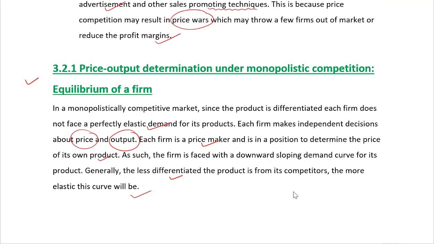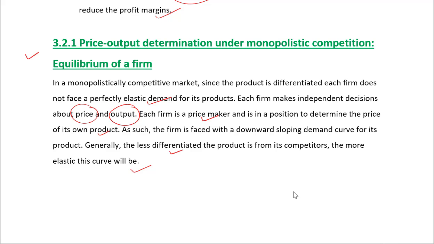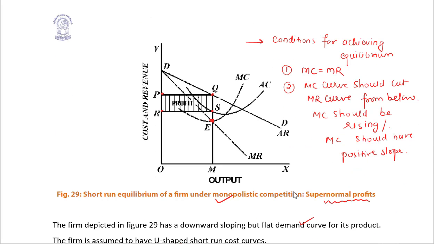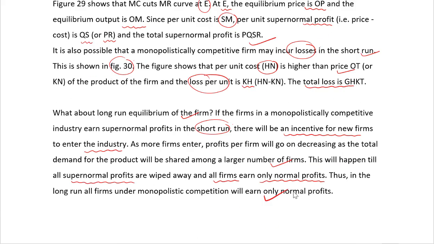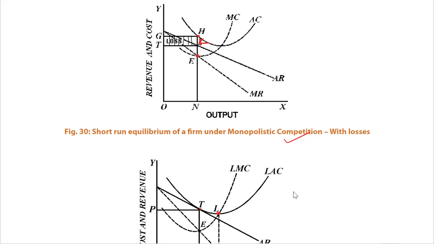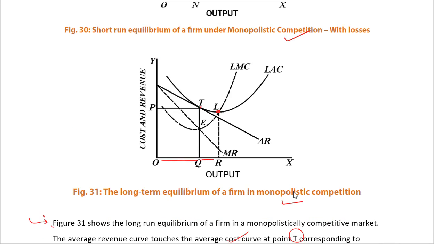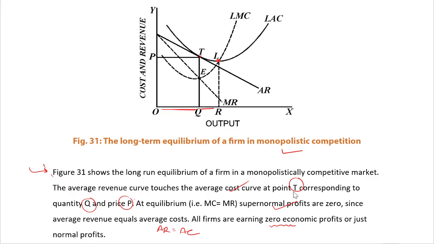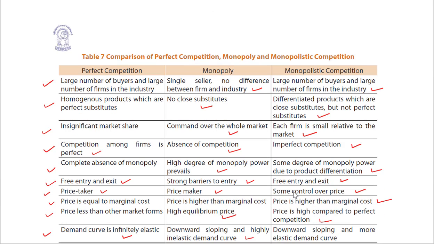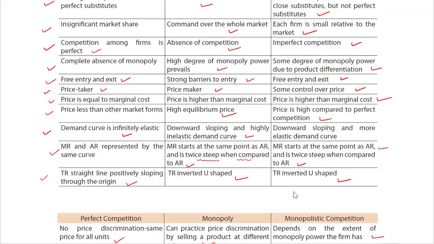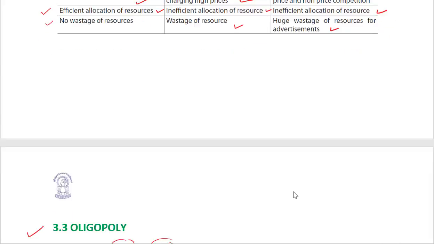Then we saw the price output determination under monopolistic competition, that is, how equilibrium of a firm can be achieved. The condition for equilibrium is MR equal to MC and MC should be rising, or the MC curve should cut the MR curve from below. We have seen short run equilibrium of a firm under monopolistic competition with losses, long term equilibrium of a firm under monopolistic competition, and the comparison between all three markets: perfect competition, monopoly and monopolistic competition.